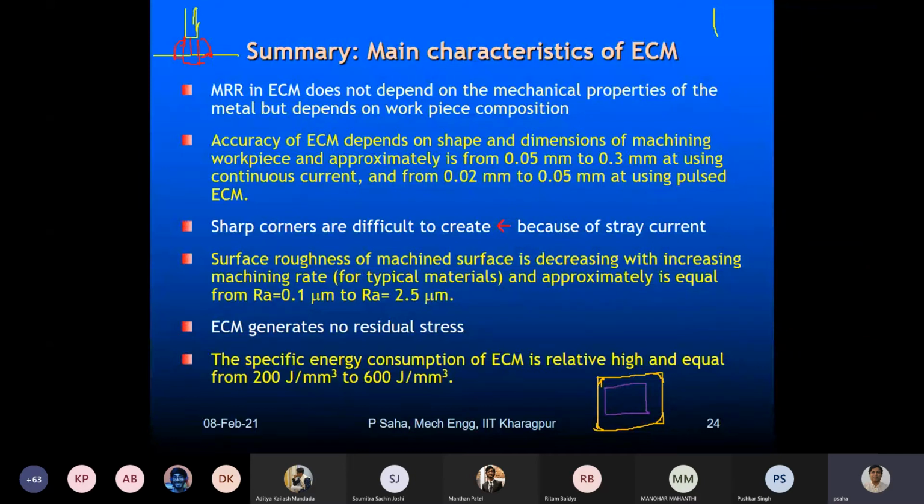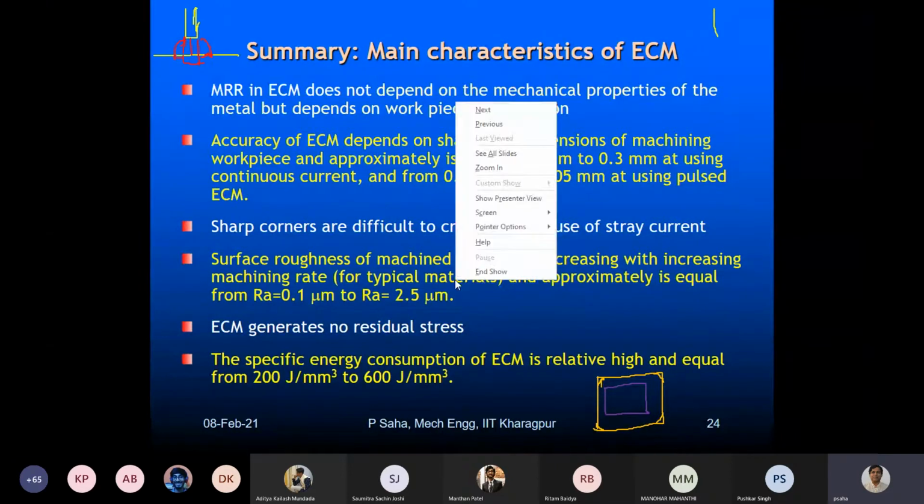Secondly, we have also seen that through ECM, sharp corners are difficult to machine and maintain, because within the electrolyte, local machining is dependent upon the local current density, but there is always a stray current effect.